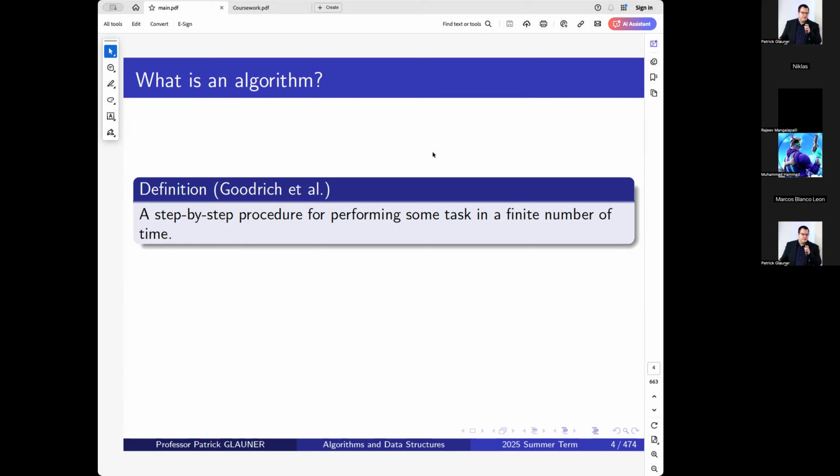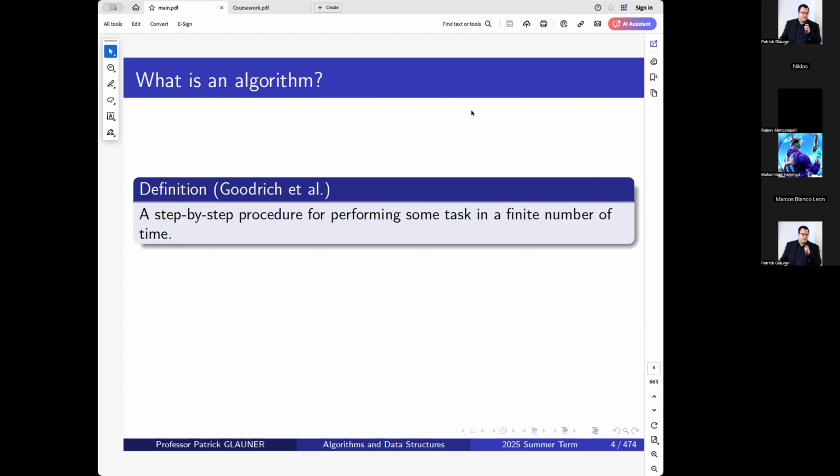So what is actually an algorithm? There's a very good book from Goodrich. I'll talk about the book later, and I briefly mentioned it today already in the lab session. The Goodrich book is phenomenal, and it also provides a definition for an algorithm.